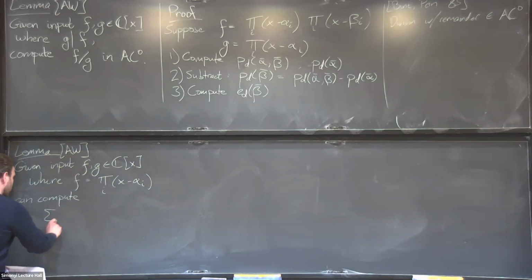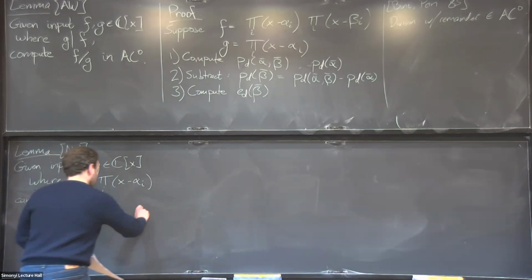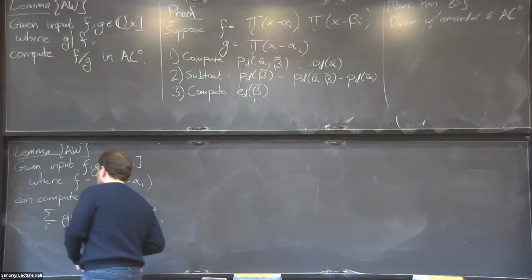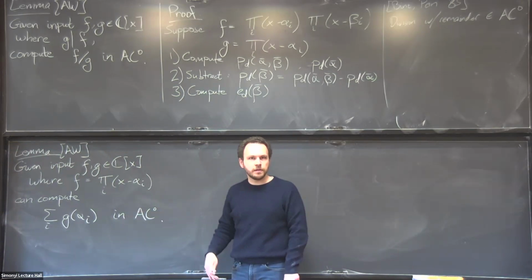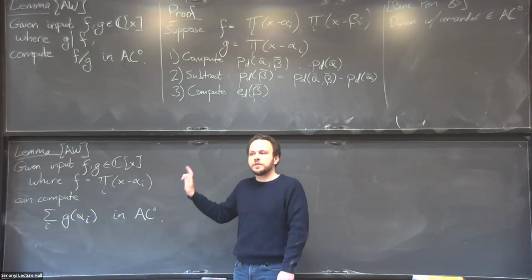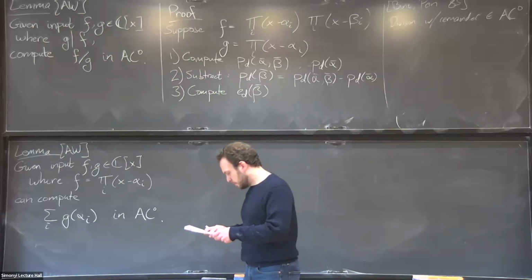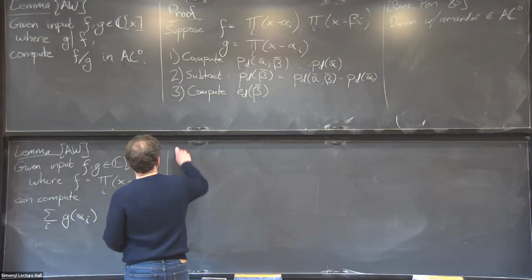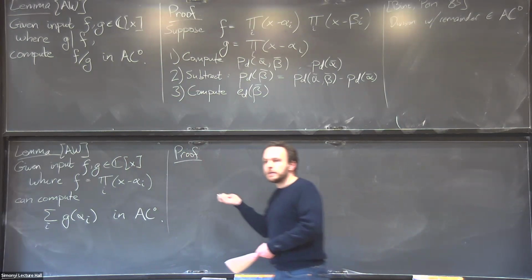We can compute the sum of g evaluated at alpha i. So I'm going to take g and sum it over the roots of f. And I'm going to do this without actually factoring f. I'm going to do something else. Before I prove this, does anyone see how to do this?